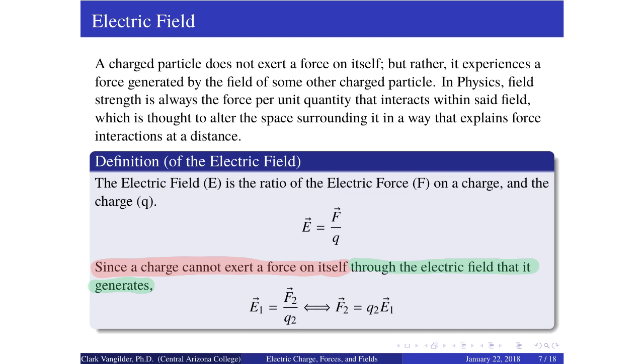What I'm trying to point out with these subscripts is that the electric field due to charge 1, or the electric field at location 1, is the force on charge 2 per unit charge 2.